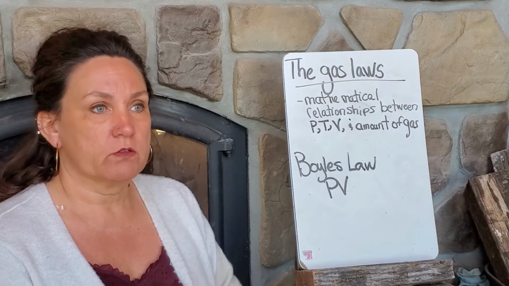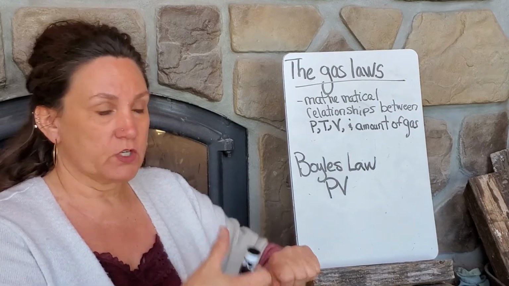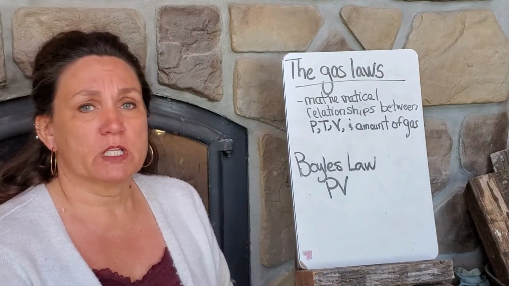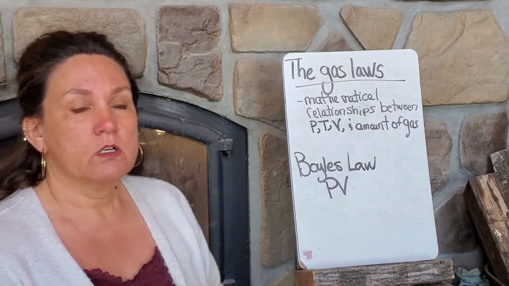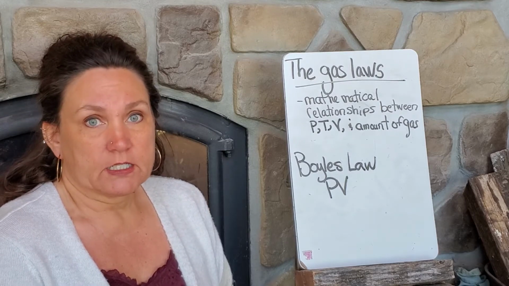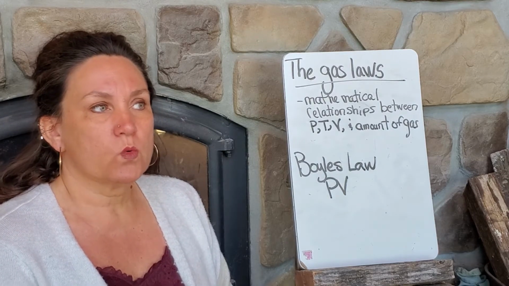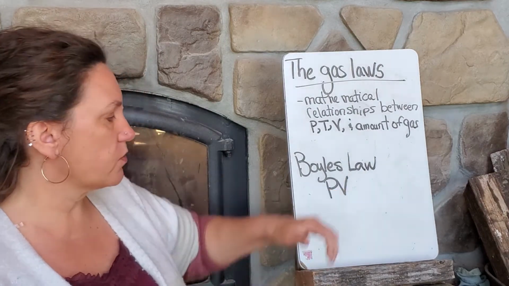As one value goes up, the other value goes down, and vice versa. If we multiply these two variables together, it equals a constant. So any pressure volume combination here equals a constant.